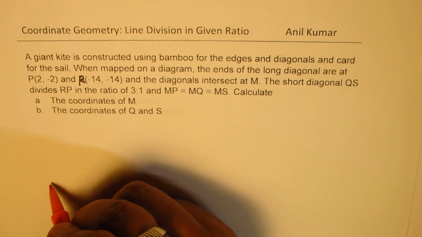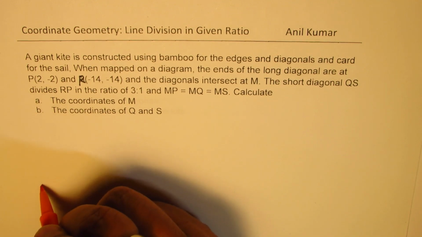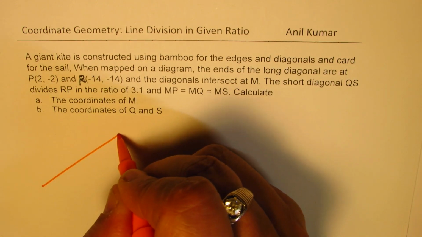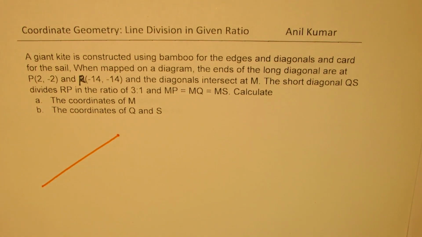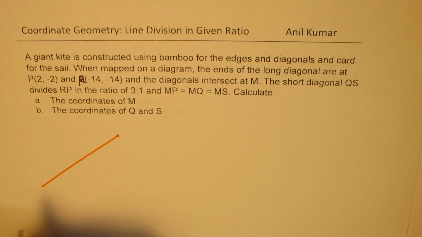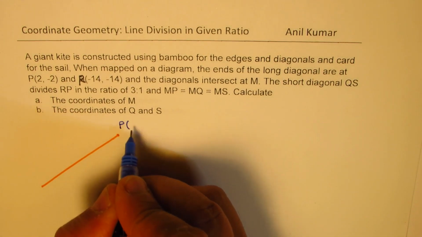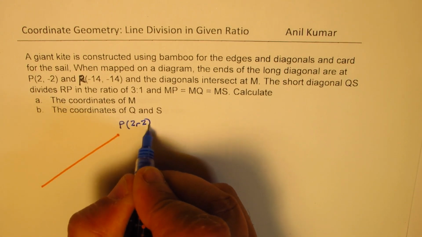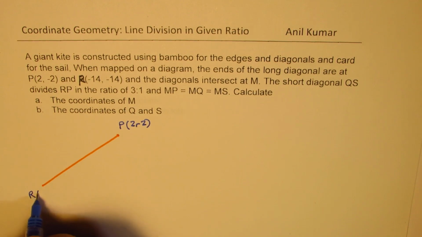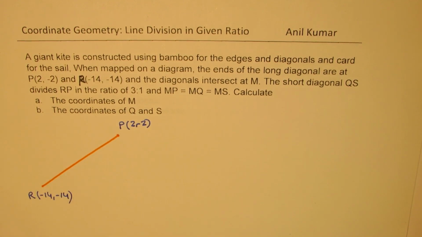So let's do it like this. This point here is given to us as, we'll write P here as (2, -2) and R here as (-14, -14). Both are negative, so I took it on the left side.